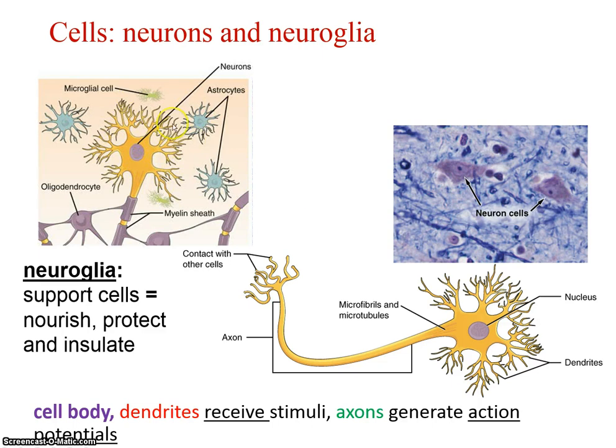So the neurons tend to be a lot larger, right? Some of the neuroglia are actually part of the neuron, like when we talk about myelin sheaths and Schwann cells, right? So the neuroglia, again, they help maintain the nerve cells, the neurons, and they insulate them too. Okay, so insulate so that the action potentials, the electricity, does not leak away.